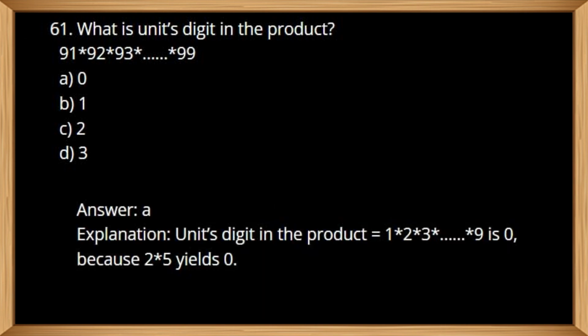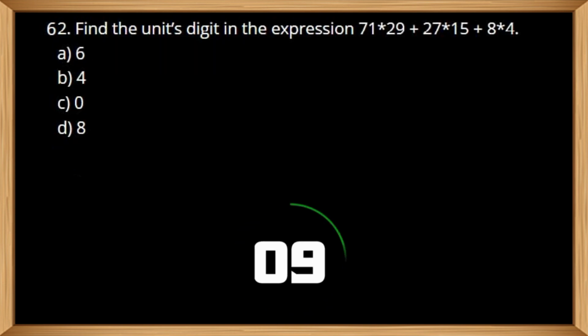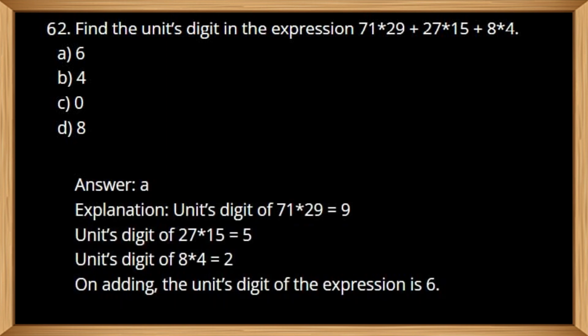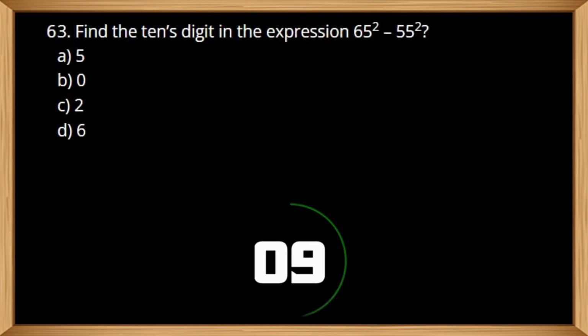What is the unit digit in the product 91 into 92 into 93 up to 99? Option A 0. Find the unit digits in these expressions. Option A 6. Find the tens digit in this expression.